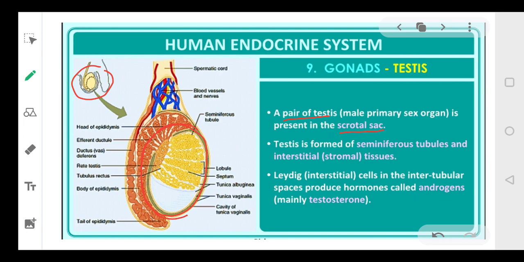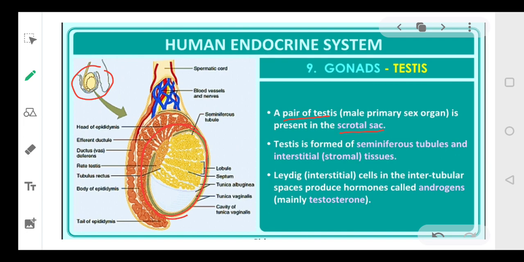So the testis are present in the scrotal sac outside the abdomen. In the scrotal sac, dear students, the temperature is slightly lower than the body temperature, 2 to 3 degrees Celsius lower, and this lower temperature favors the maturation of the sperms.